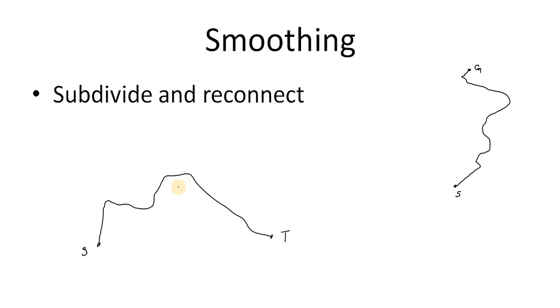You know that the path consists of nodes. If the path comes from A-star, Dijkstra or RRT, it must consist of some nodes. This was a starting node, and then we have a second node here.